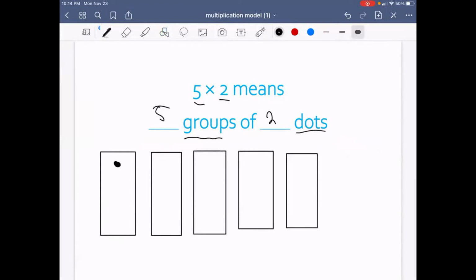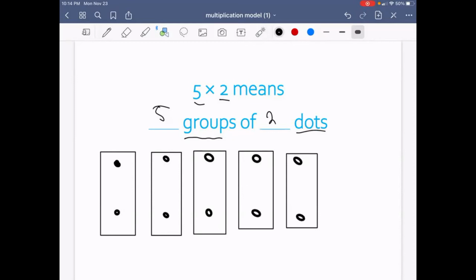So I have one right here. Another one. Another one. Another one. Another one. Another one. And finally this last one.